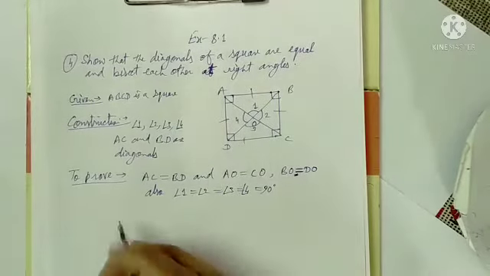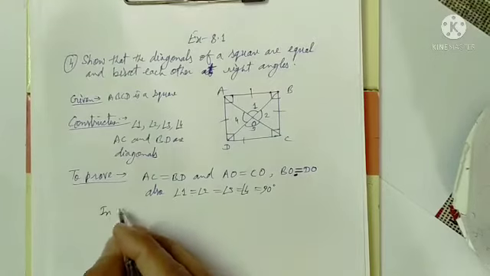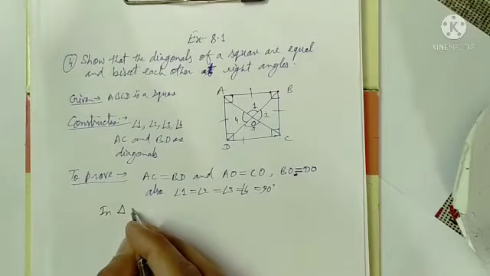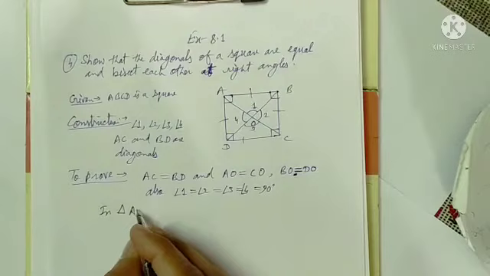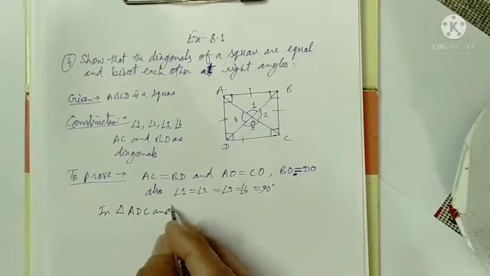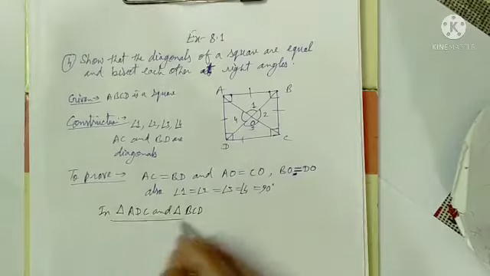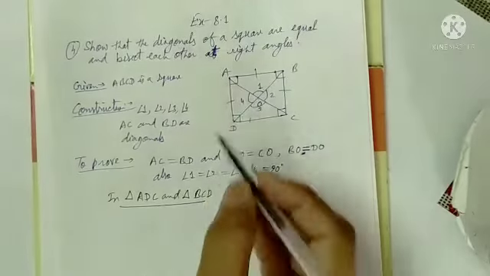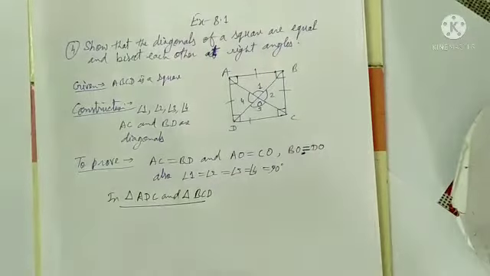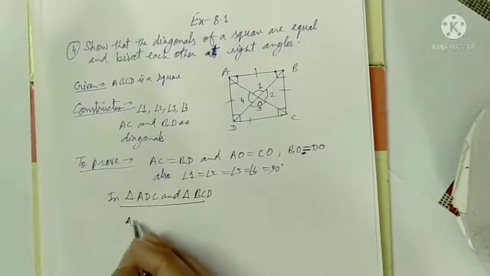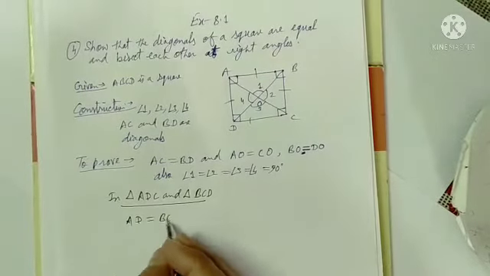Look, first what we can observe, in triangle ADC and another triangle BCD. In both triangles, AD is equal to BC.